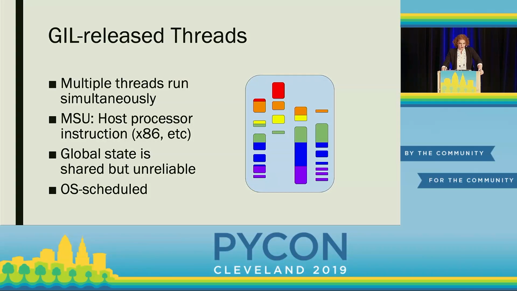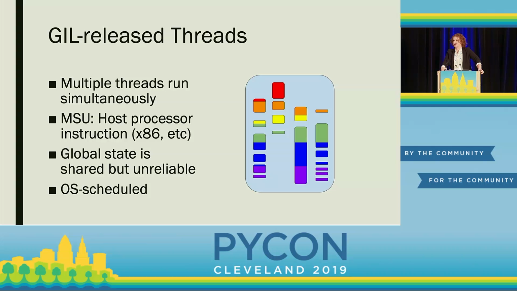Talking about releasing the global interpreter lock, here there be dragons. Generally, when we're talking about releasing the GIL, what we're going to be doing is calling out into another language like C or Rust or Go or really any other language that isn't Python, and doing some really performance-intensive work there.